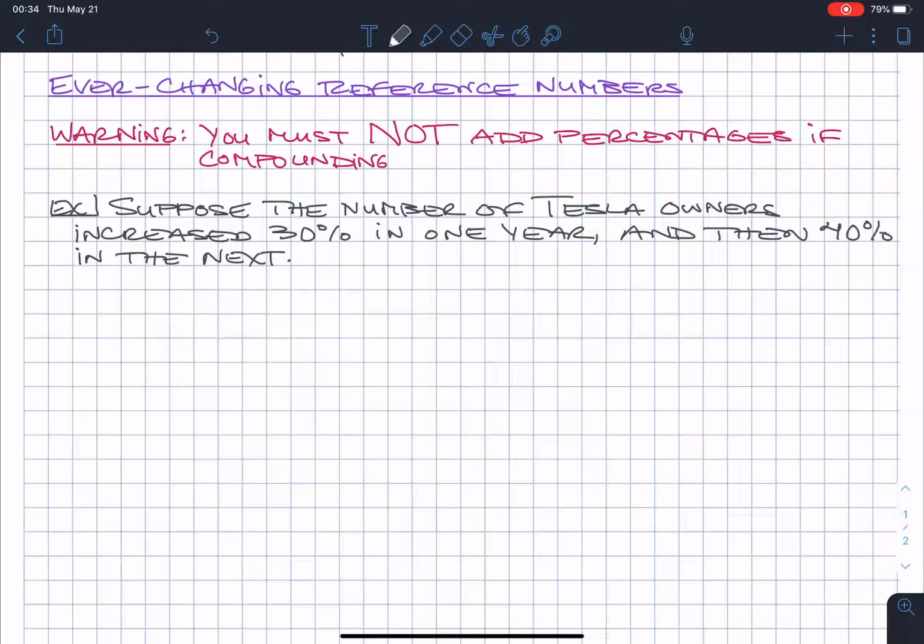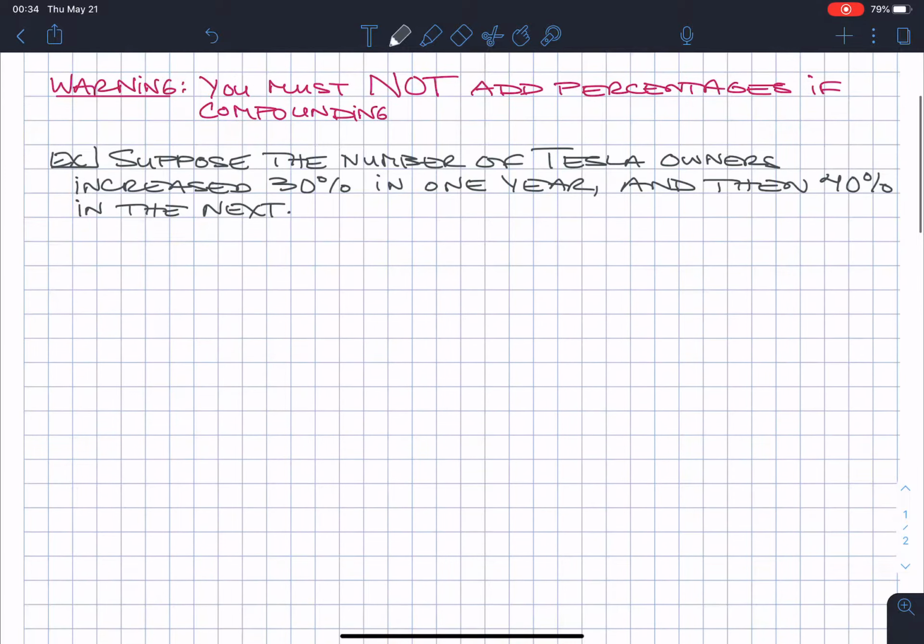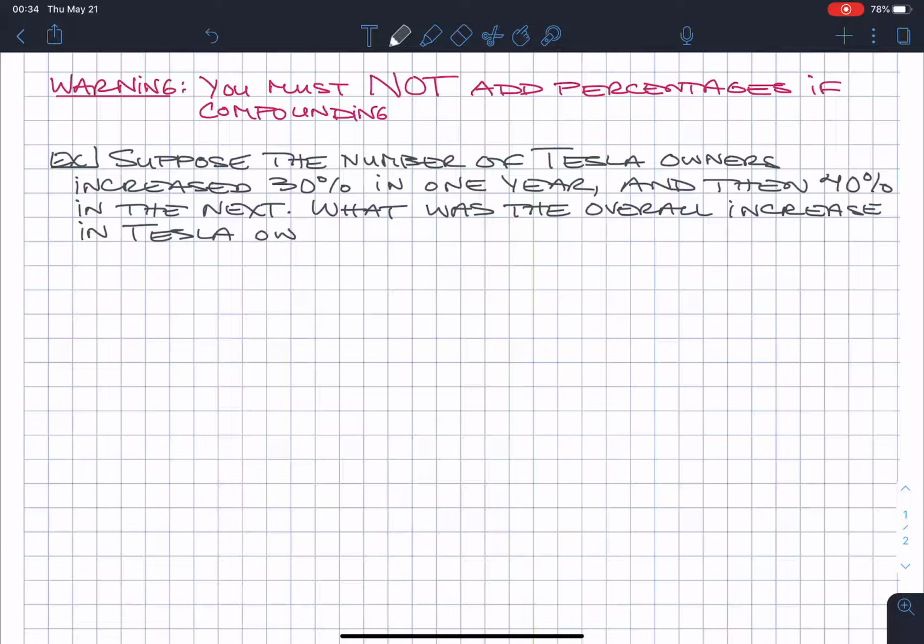What I'm going to ask you is, what was the overall increase in percentage in Tesla owners over that 2-year period?